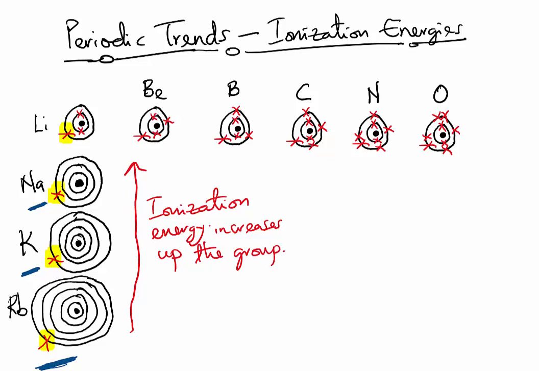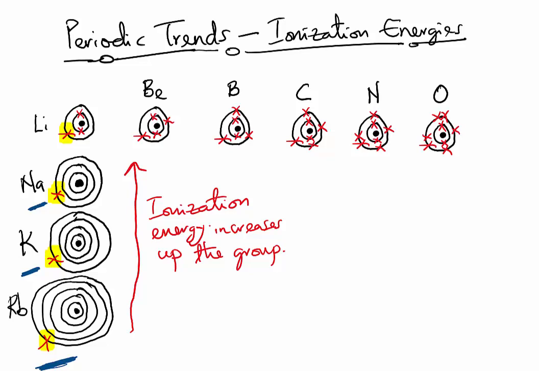Let us now take a look at how ionization energies would vary across the period. In period number 2, we have lithium, beryllium, boron, carbon, nitrogen, and oxygen on this page.